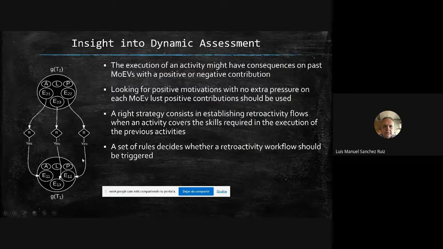Because if a student has done very well here, and then it comes to the relevant moment of evaluation and he does it very poorly, it means that something is failing, or these activities were not well posed, or these were not well evaluated, or he got an extra help that perhaps you were not able to detect, and then here things are failing.